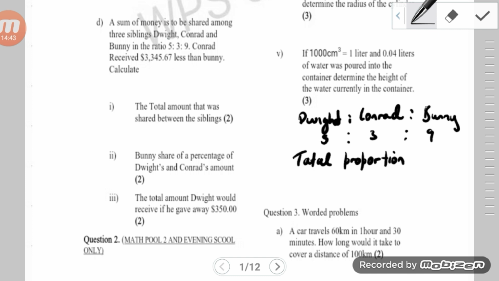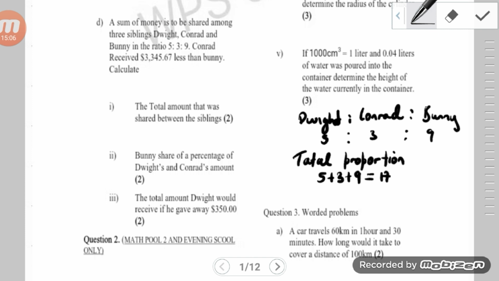Now, we know that total proportion would be that we're going to be adding the 5 plus the 3 plus the 9, which would give us a total value here of 17. So whatever this amount of money is, let us just say that the money that is being shared here is X. We know that this amount of money has 17 parts.